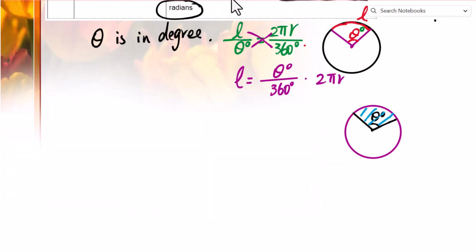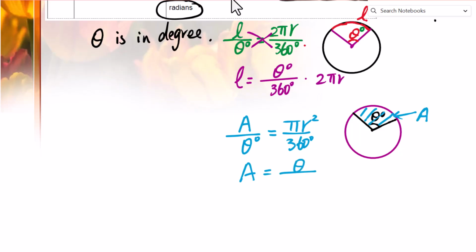For the sector area, we also use a ratio: area over theta degrees equals pi r squared over 360 degrees. So area equals theta degrees over 360 degrees times pi r squared.